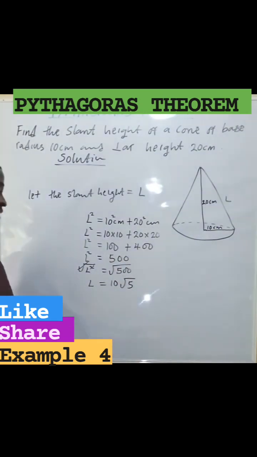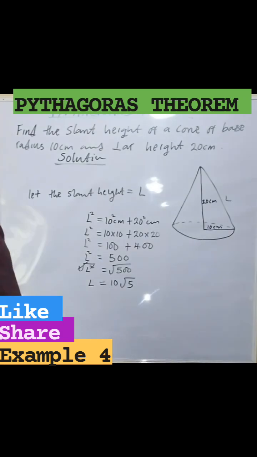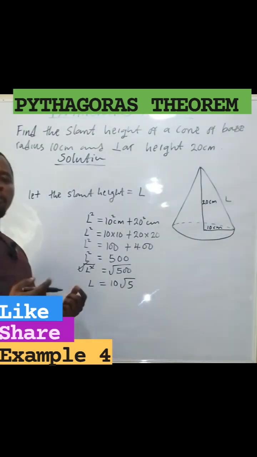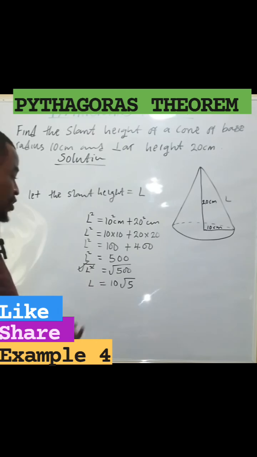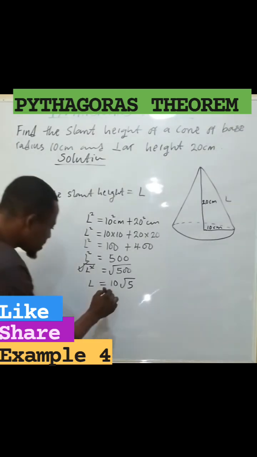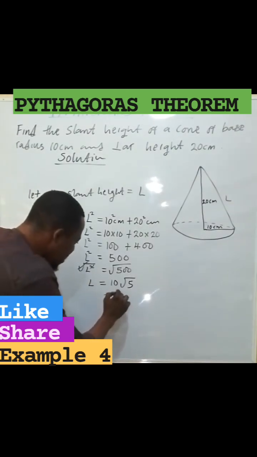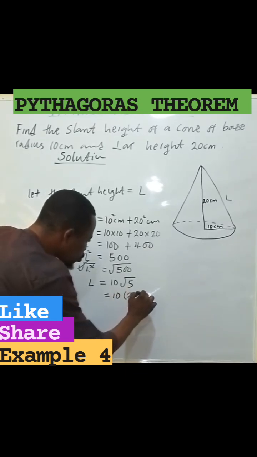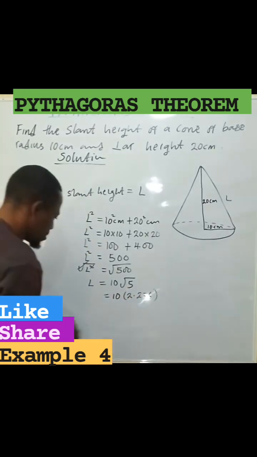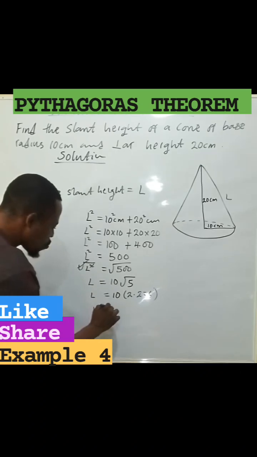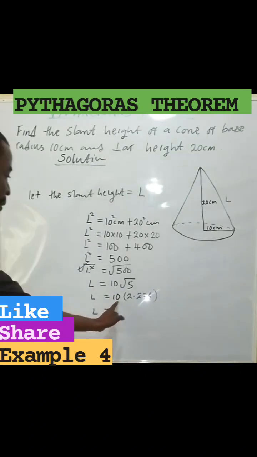Okay, so having done that now, the next thing we are going to find is what? The square root of 5, which is going to give us 2.236. So L equals to 10 into 2.236. So now we will multiply them together.